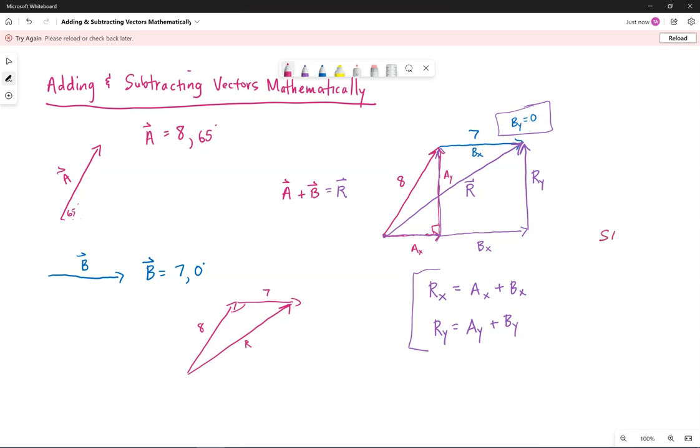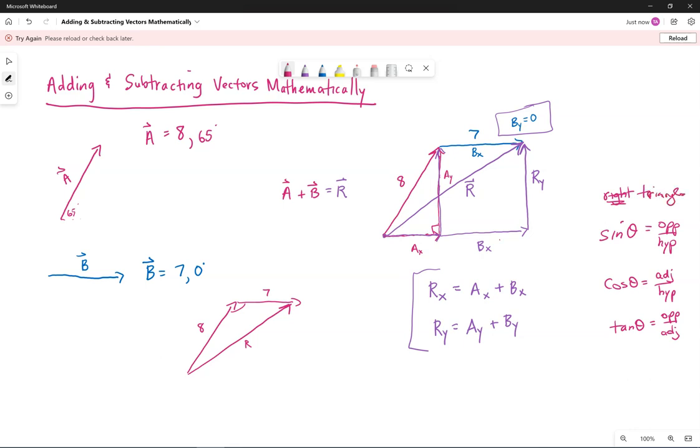If we want to say the sine of theta is the opposite side over the hypotenuse, or cosine of theta is the adjacent side over the hypotenuse, or tangent of theta is the opposite side over the adjacent side, we must be working with right triangles.